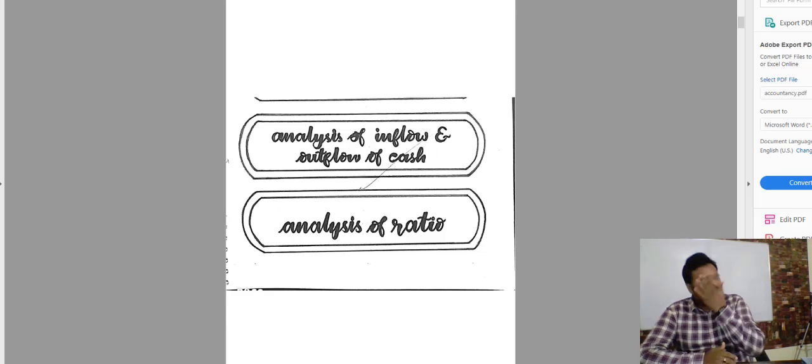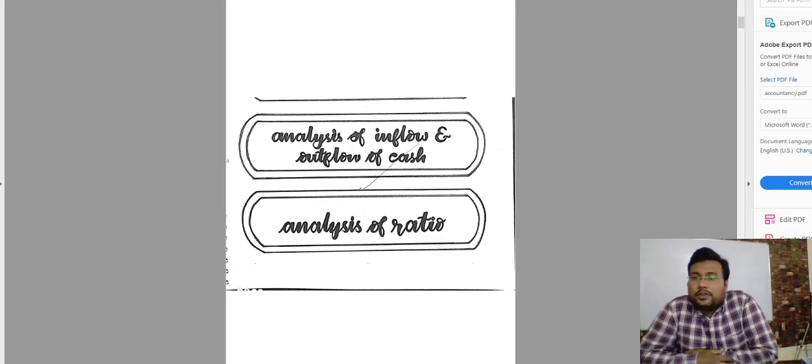So one particular project you will prepare, where you will take one question. With the help of the question, you will prepare the cash flow statement. And once you prepare the cash flow statement, you will analyze it with the help of ratios.